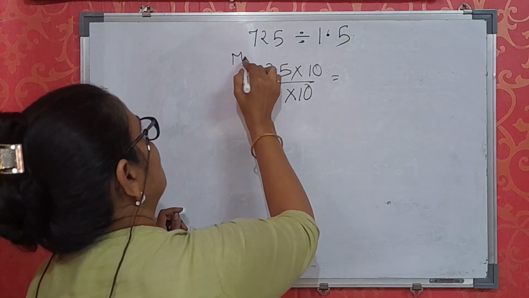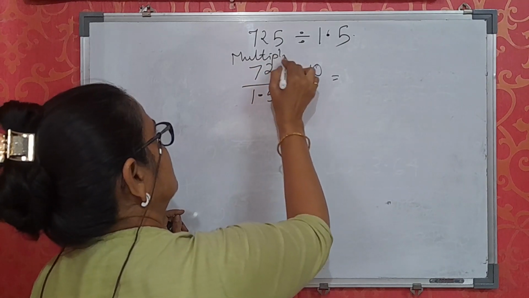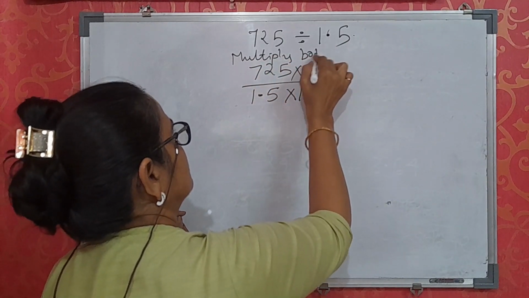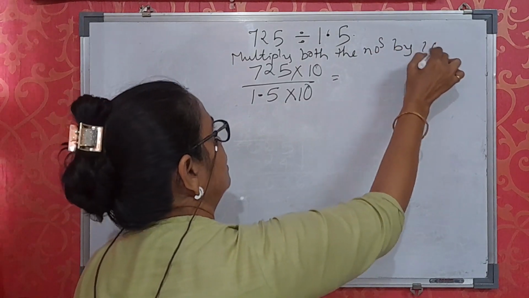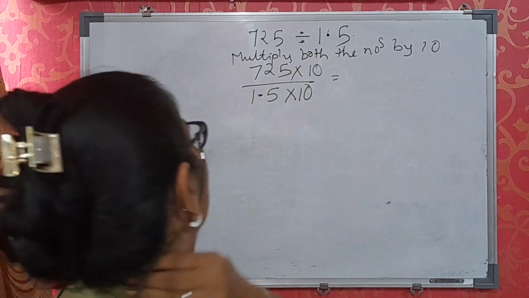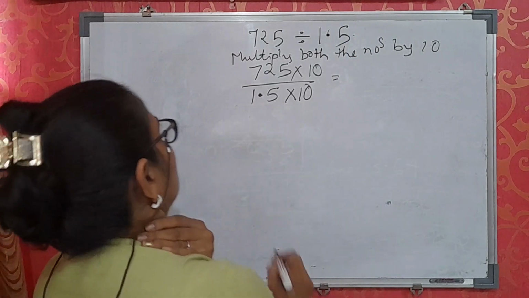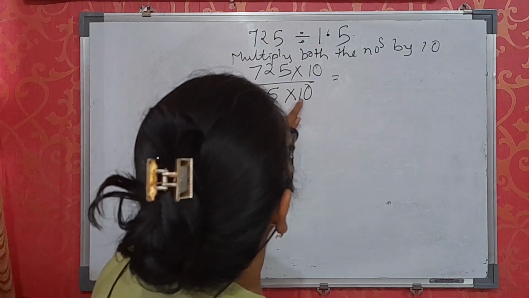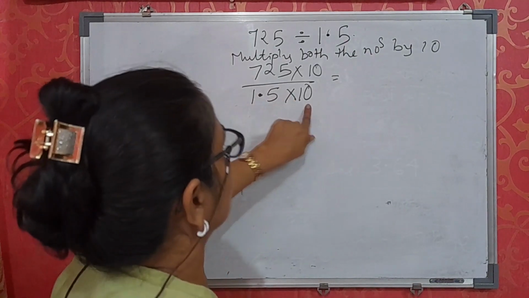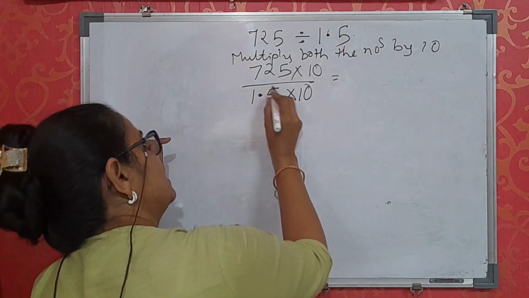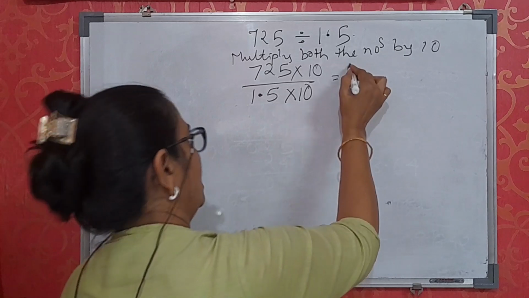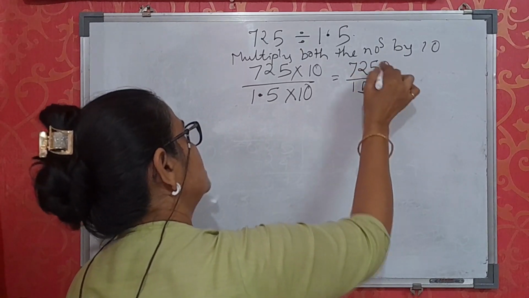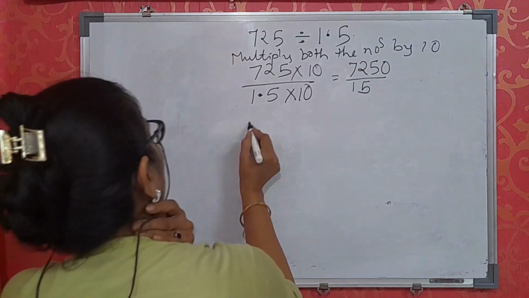So multiply both numbers by 10 to remove the decimal point. Now, as I taught you, when any decimal number is multiplied by 10, the decimal point is shifted to the right hand side. So now this will become 15 and this will become 7250. Now you can do the normal division.